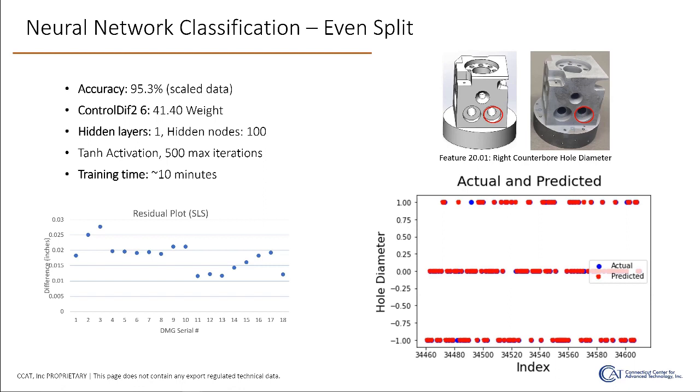In the bottom left, you can see the residual values for each of the parts. And in the bottom right, the reds are the predicted, and wherever you don't see a red dot overlapping on the blue dot, that's where the prediction was wrong. So you can see that in this small subset of the data, it's pretty accurate and usually gets the prediction correct.